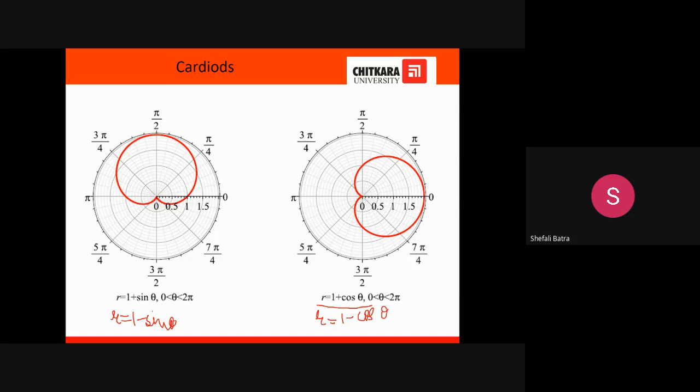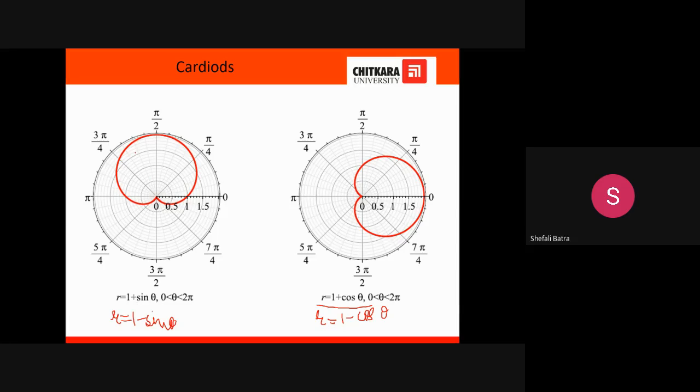Because in the question it will be asked, find the area lying between the circle and cardioid, or find the area lying outside the circle and inside the cardioid. So the equation for the cardioid should be in your mind. It can be asked what will be the equation of this curve, so you should be able to look at the curve and tell which cardioid it is.